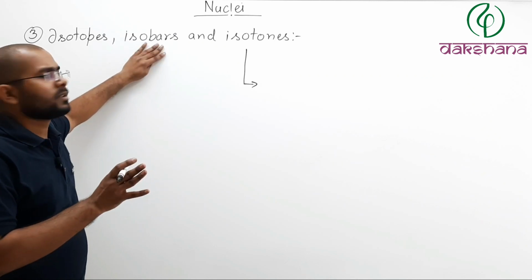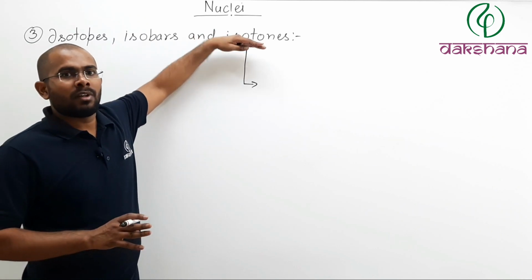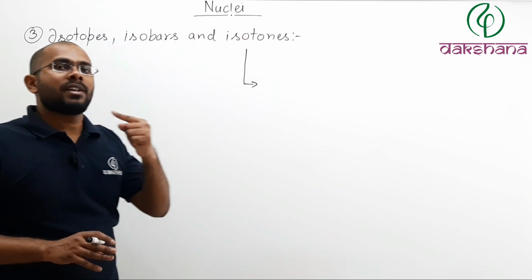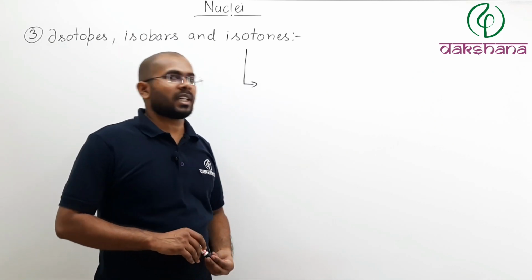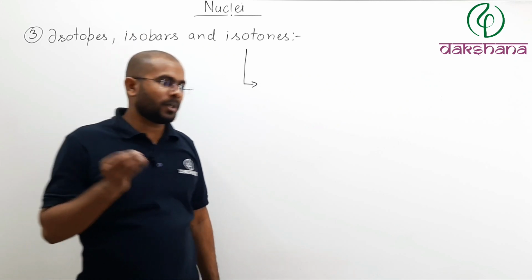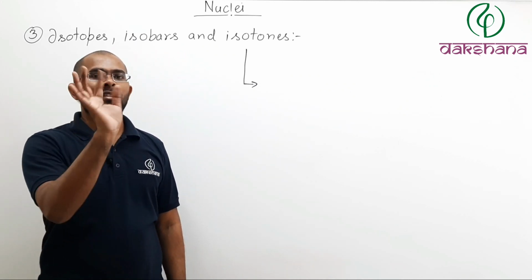We only care about the mass number. In the case of isotones, we want to know whether the number of neutrons is the same. The mass number can be different, the atomic number can be different, but the number of neutrons should be the same.